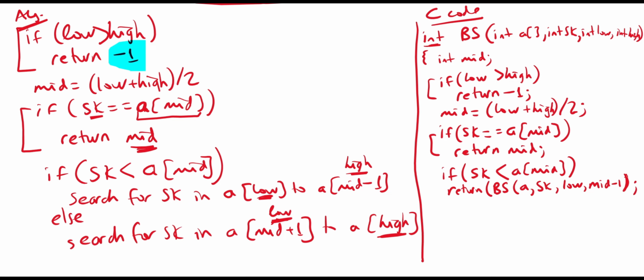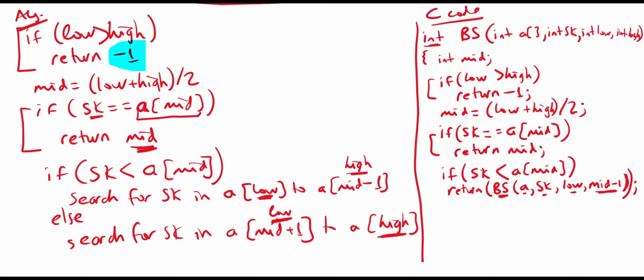So what happens here? I am calling the binary search function again. This is a recursive call with the array A, with the search key, with the same low, but with a new high.